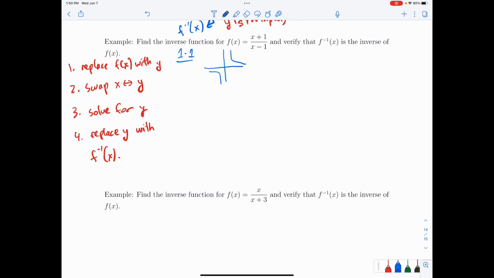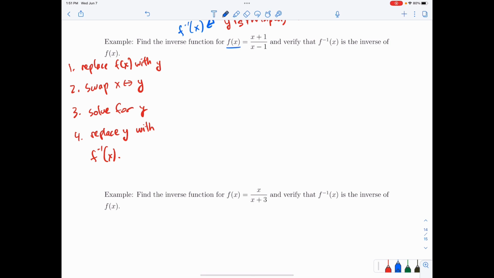The instance when it would not be one-to-one is if I have a rational function that's something like this, where this does not pass the horizontal line test. But this type of graph looks more like this one, so it is one-to-one. We could verify that more precisely by looking at the actual graph. But this one's one-to-one, so let's follow these steps to find the inverse.